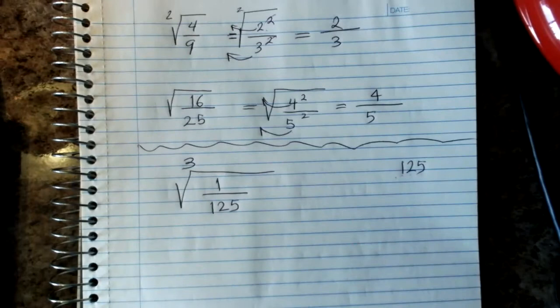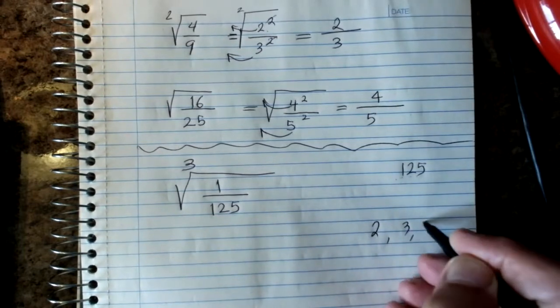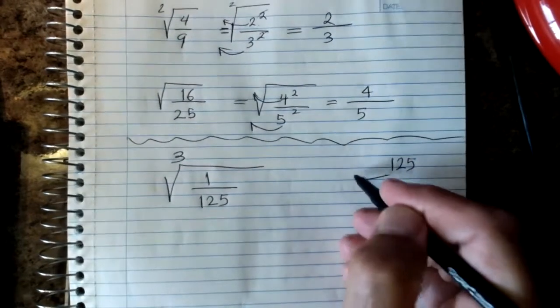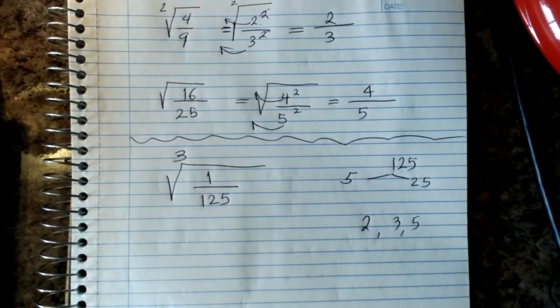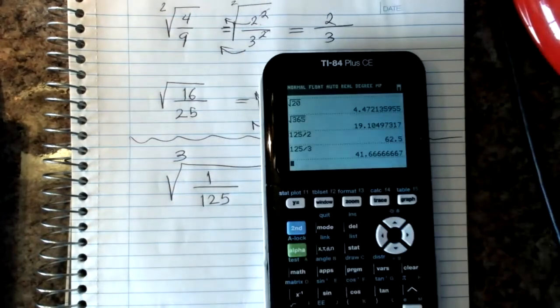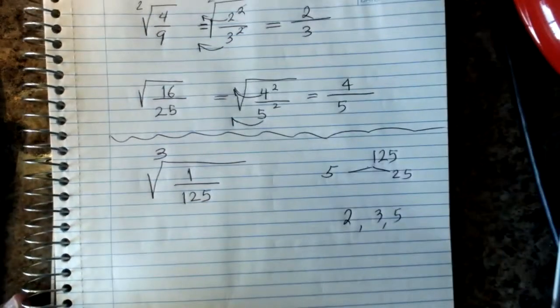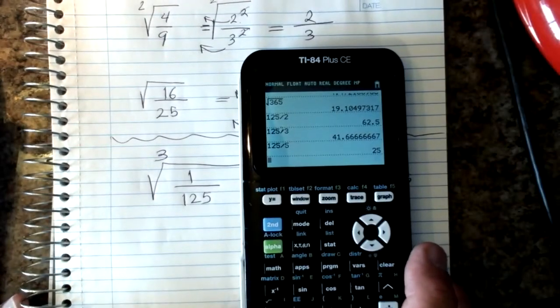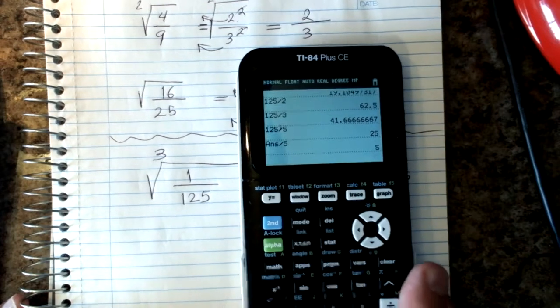So what's the next number? Remember, always try 2, 3, and then 5. 125 divided by 5 is 25. You see that? And then divide 25 by 5 again. It's another 5.